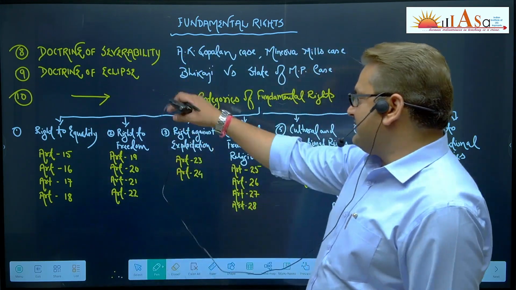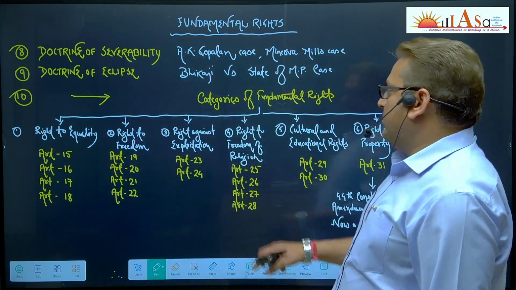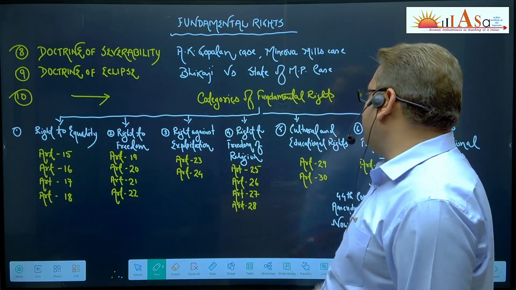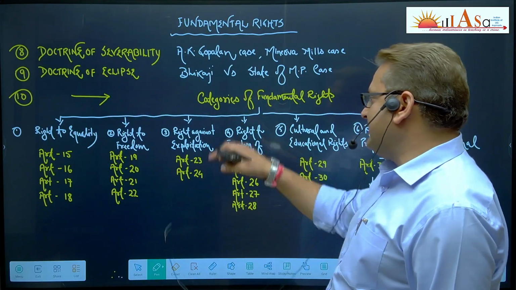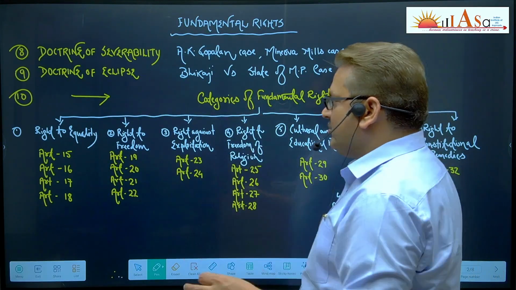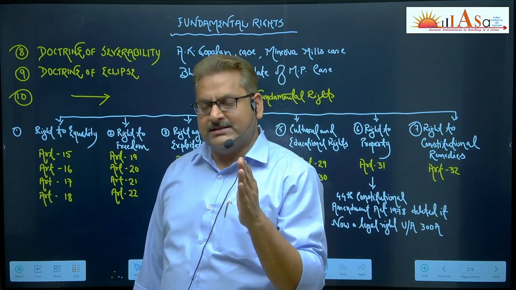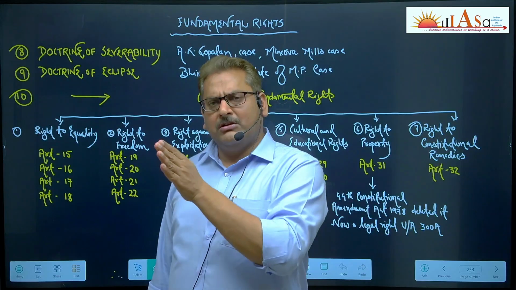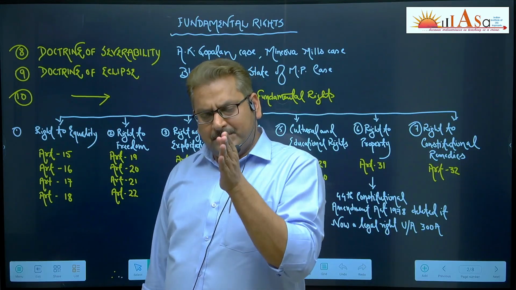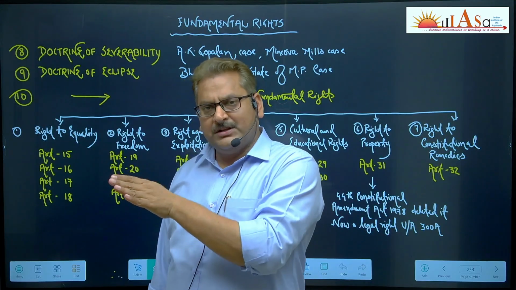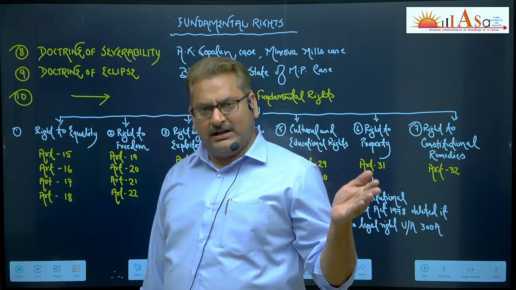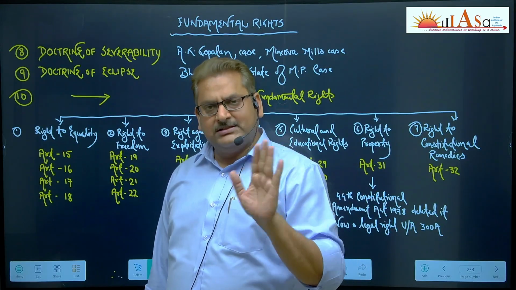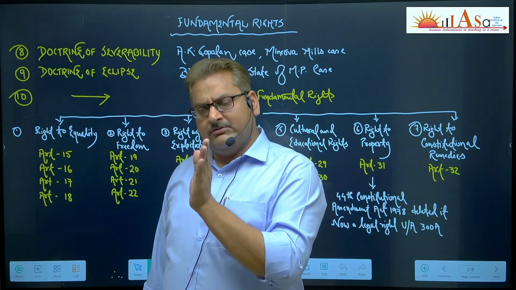Doctrine of Eclipse. Bhikaji versus State of MP is the case on the doctrine of eclipse. Once again, the doctrine of eclipse suggests that prior to the commencement of the constitution, if it is found that any existing law is inconsistent with fundamental rights, then to the extent to which it is inconsistent, it will be void.